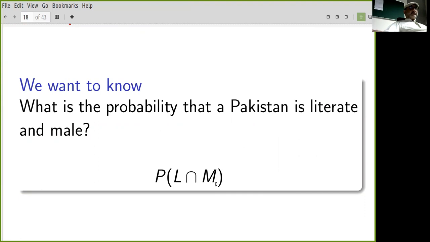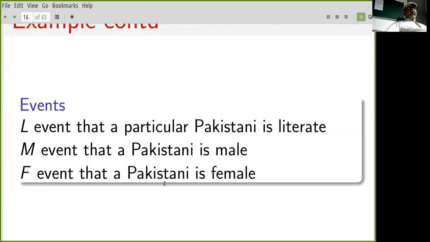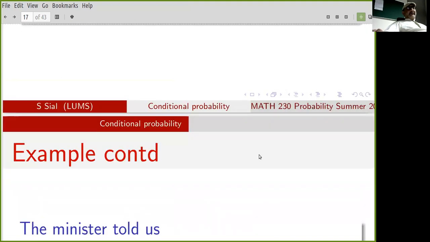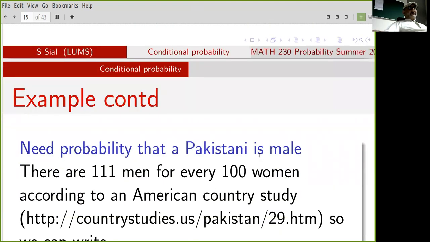M was the event that the adult Pakistani is male. Okay. Now, if we want to use these numbers, we might need the probability of M and the probability of F. Okay, that we weren't given, so we need those.